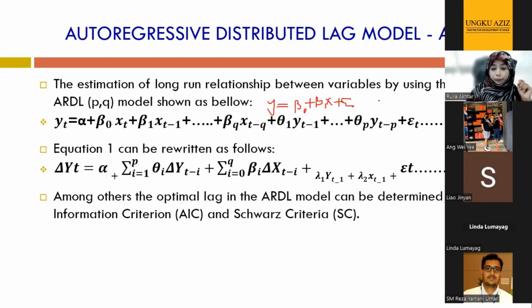This is the normal equation. As you can see here, this is our dependent variable, with time value t. There are three types of data: cross-sectional data, time series data, and panel data. Our focus is only on time series data.